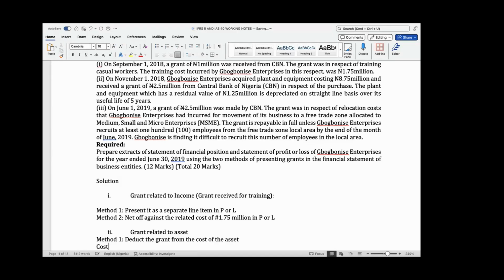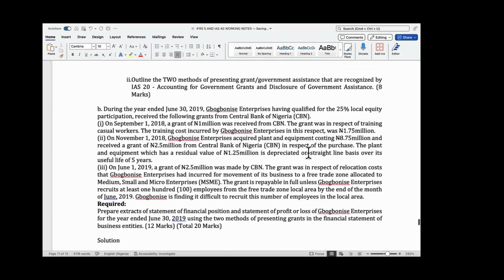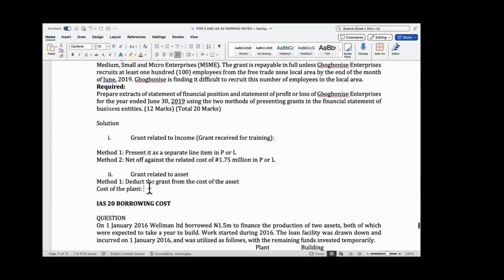In this case, the cost of the plant becomes how much? 8.75 million minus 2.5 million. Where would that leave us?